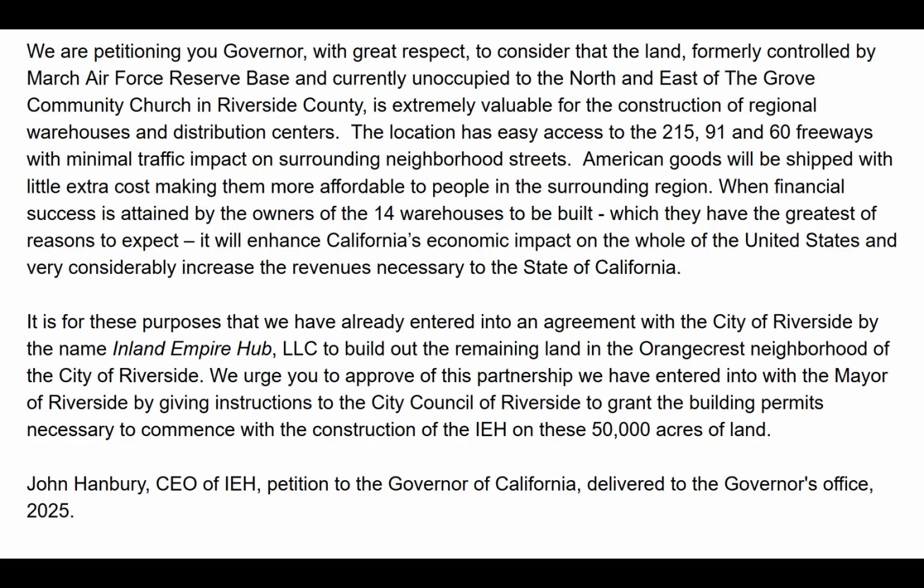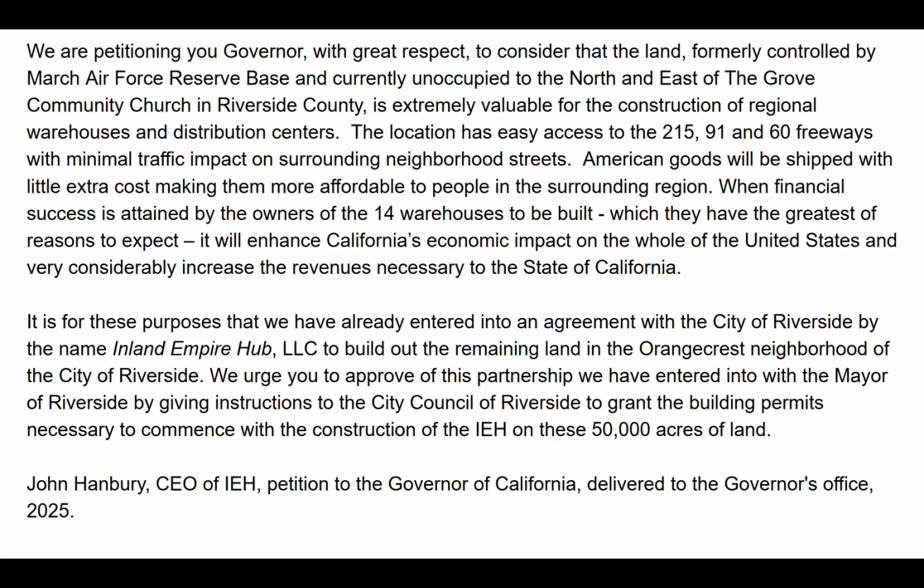American goods will be shipped with little extra cost, making them more affordable to people in the surrounding region. When financial success is attained by the owners of the 14 warehouses to be built, which they have the greatest of reasons to expect, it will enhance California's economic impact on the whole of the United States and very considerably increase the revenues necessary to the state of California.